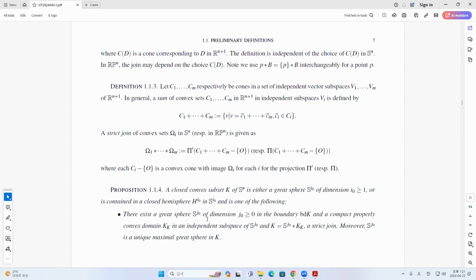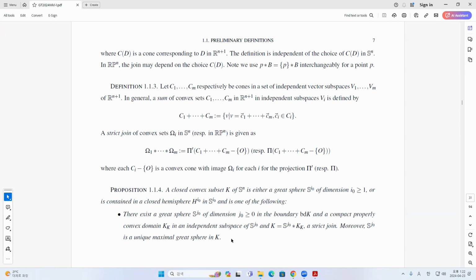So the case is there is some great sphere of dimension i0, bigger than or equal to 0, and the boundary and the compact properly convex set in an independent subspace of S^j0. So independent subspace means that their inverse images are independent, and K is actually just this strict join, and so S^i0 is the unique maximal great sphere in K.